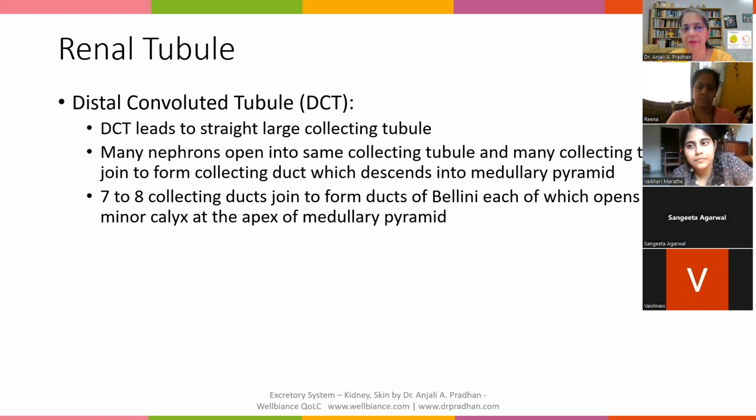Understood? Okay. So 7 to 8 collecting ducts again join to form the ducts of Bellini, and they open into minor calyx, and minor calyx to major calyx into renal pelvis.